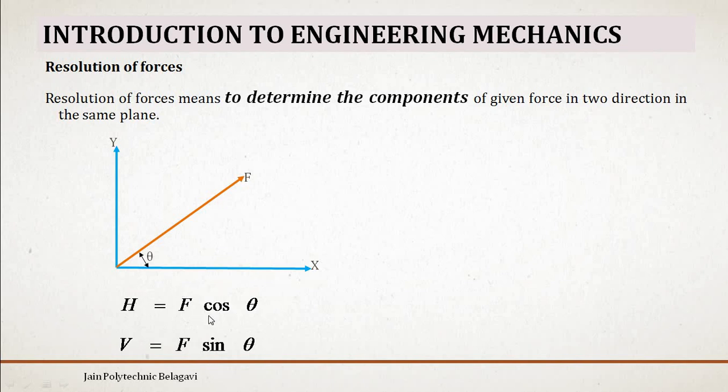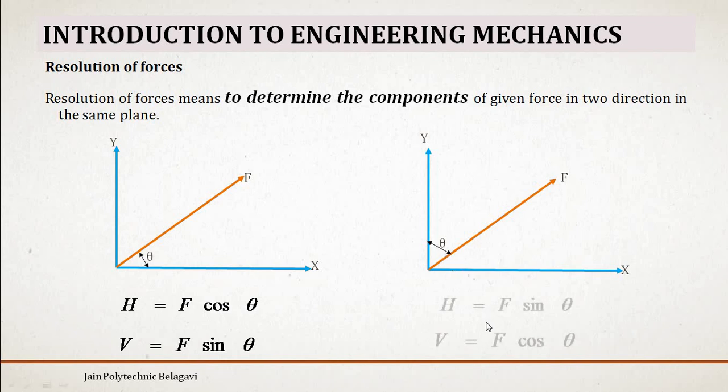So just remember this basic. If this theta shifts to the other side of the force F, we can again come back. If you shift this theta to this direction, you may find these two components, horizontal and vertical, in opposite formulas.